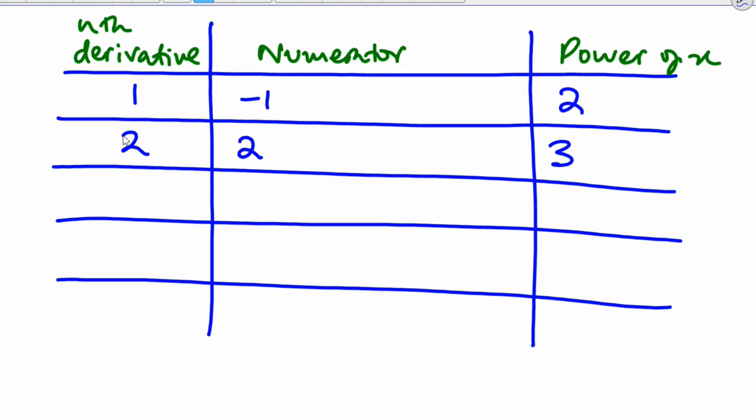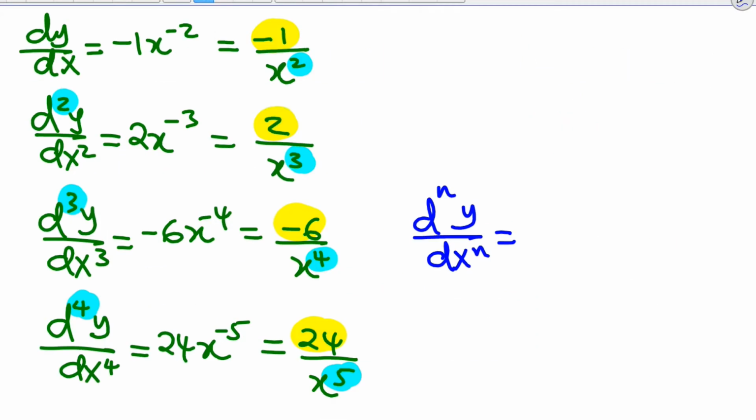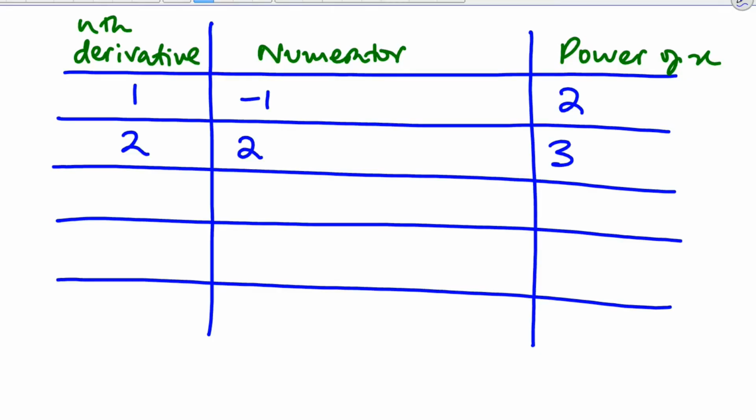Basically, we can take all this information and represent it in a table. So what we'll end up with is, for the third derivative, the numerator is -6 and the power of x is 4. And for the fourth derivative, the numerator is 24 and the power of x is 5. What you're interested in is finding the nth derivative.